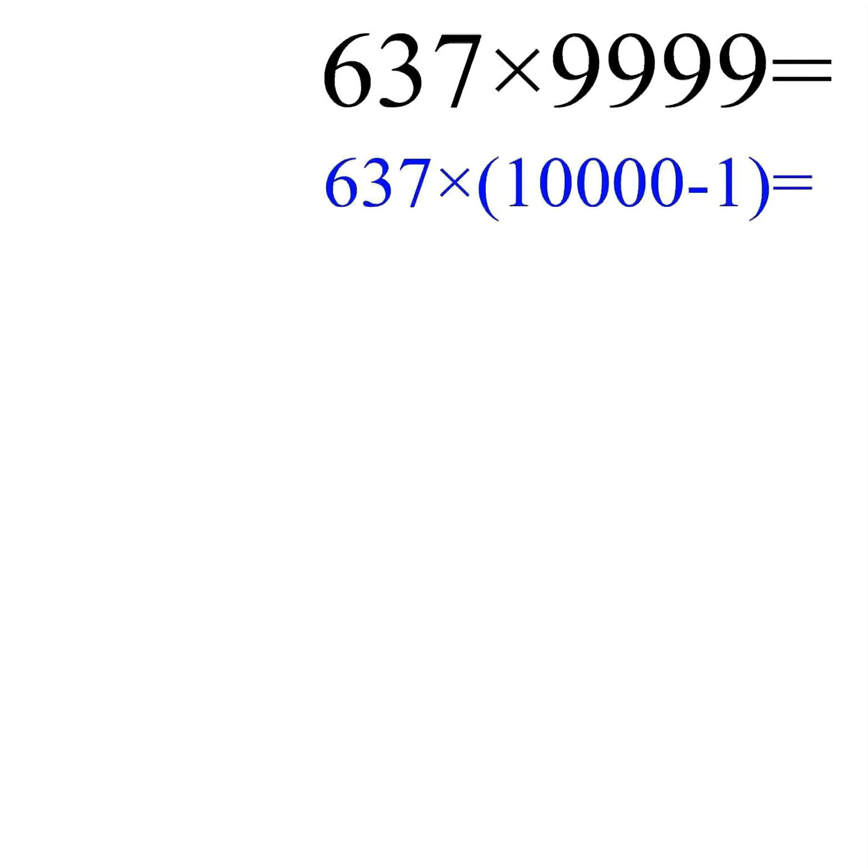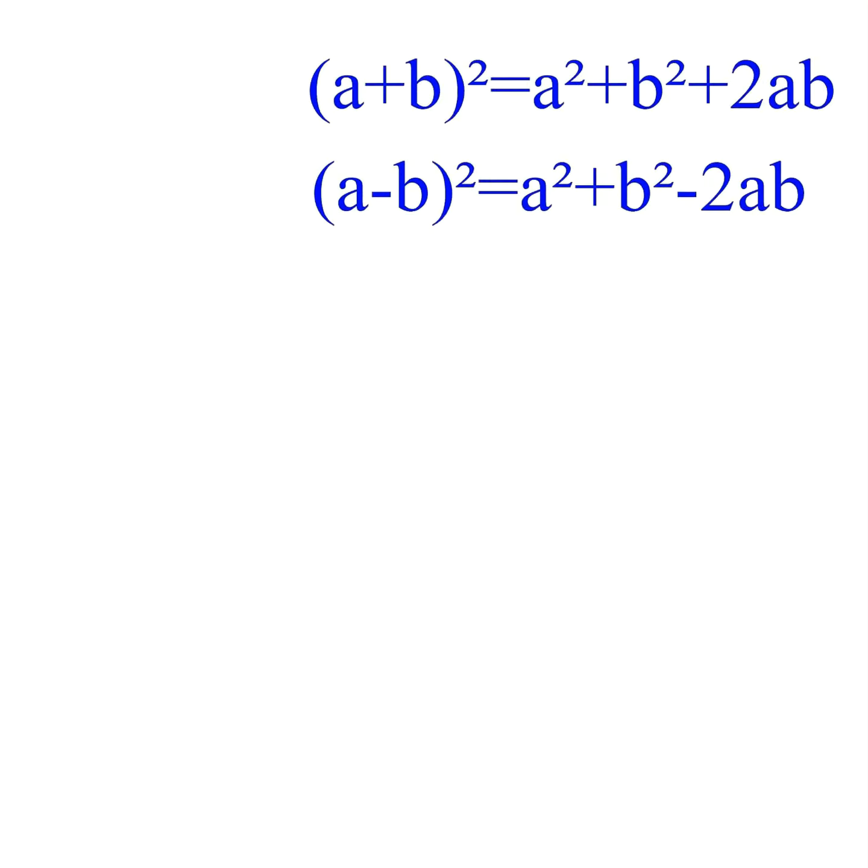So our next technique is squaring numbers using the complete square identities, these two. So let's calculate 26 squared. Here 26 equals what? 25 plus 1.